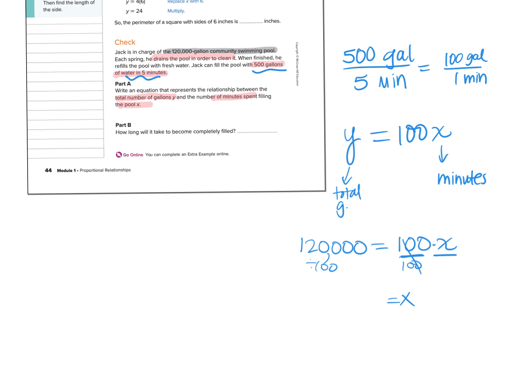So 120,000 divided by 100 is 1,200 minutes it would take to fill that pool. Now I might say, how many hours is that? Well, there's 60 minutes in an hour, so if I just divide that by 60, it looks like that would take him 20 hours to fill that pool.